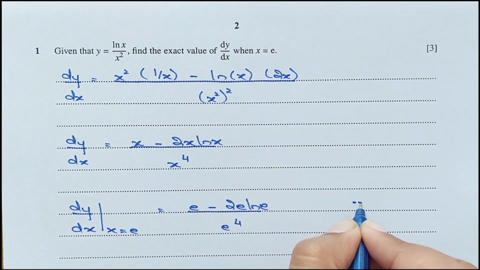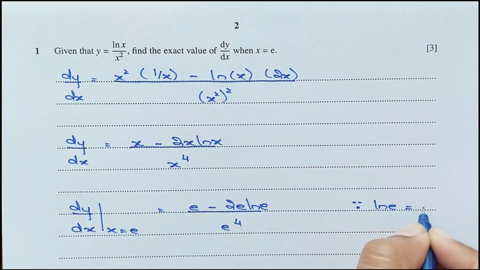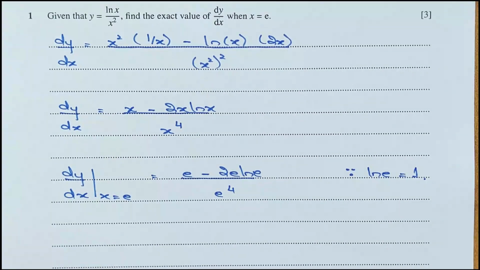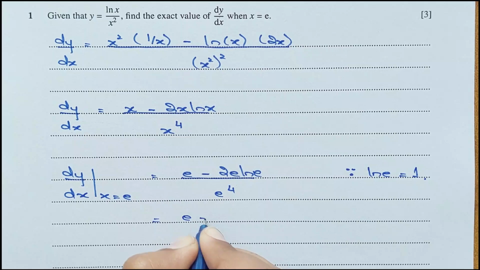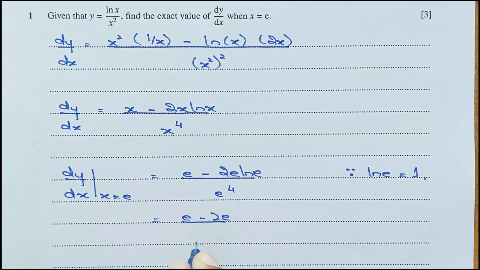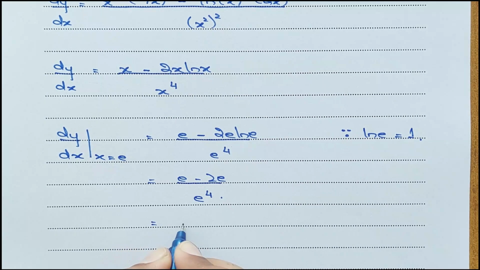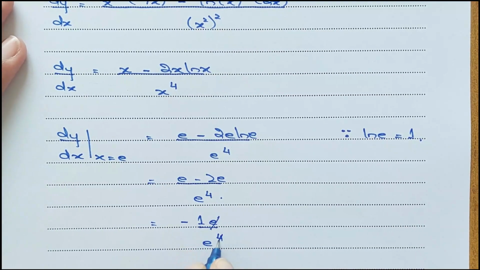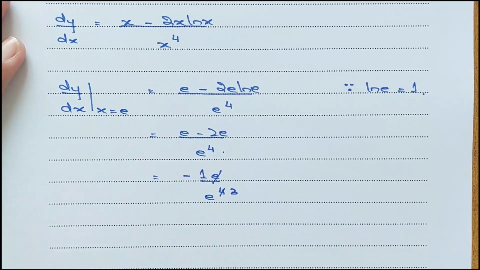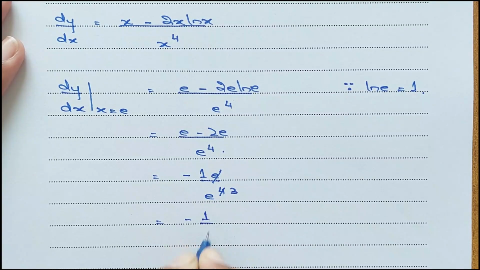We know that ln of e is 1, so we have e minus 2e over e power 4, or further simplified, minus 1e over e power 4. So e power 3 is left here. The simplified answer is minus 1 over e cube.